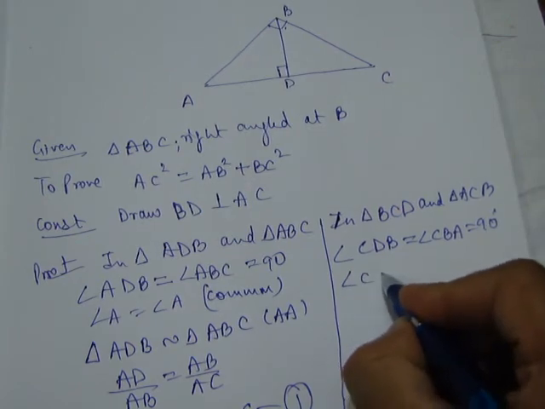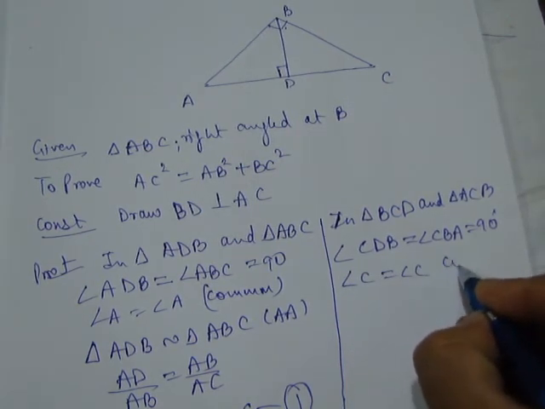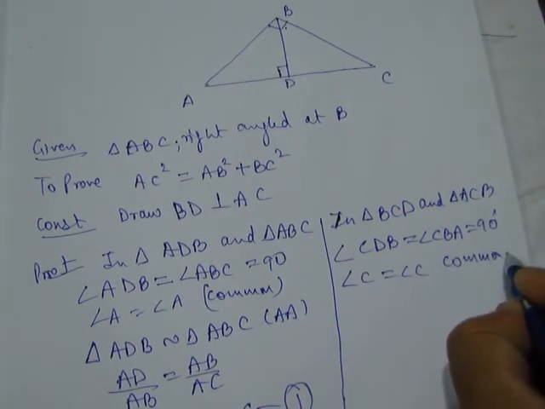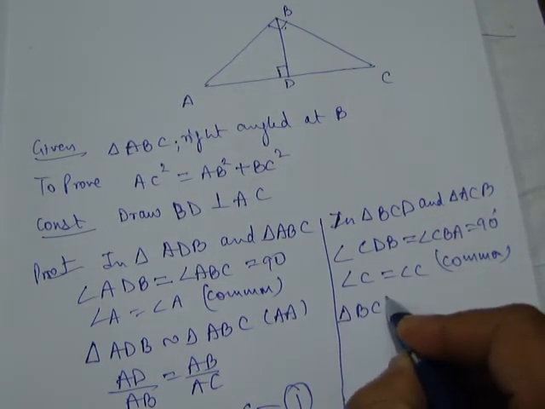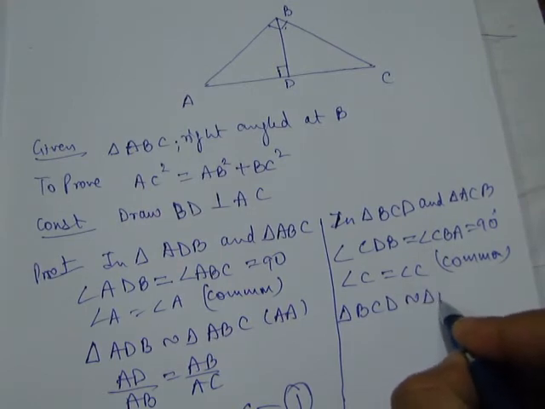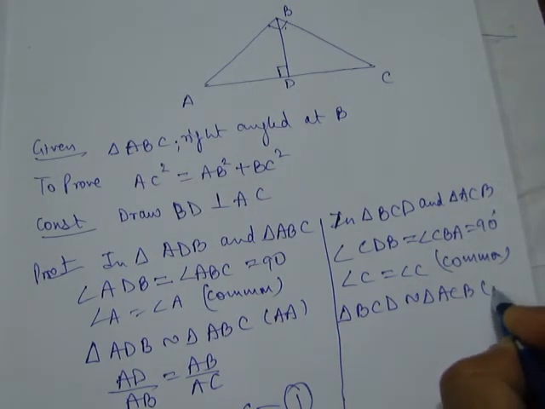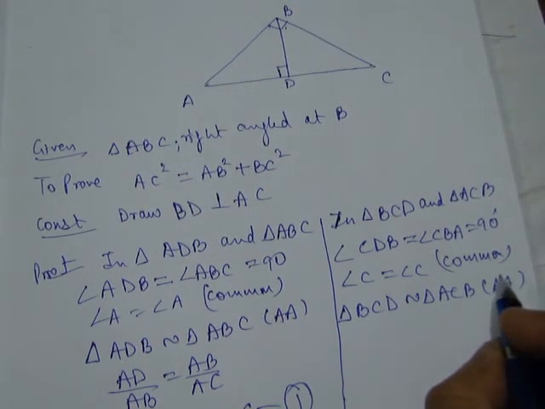Here angle C and angle C are common. So we can say that triangle BCD is similar to triangle ACB by AA similarity.